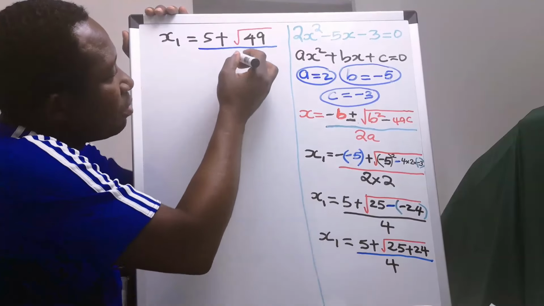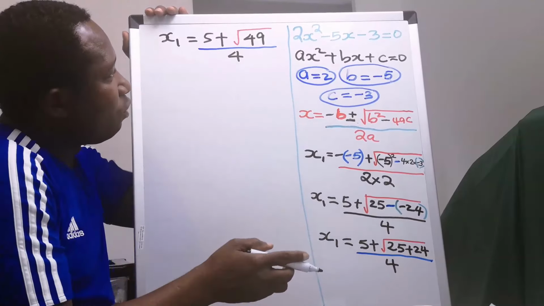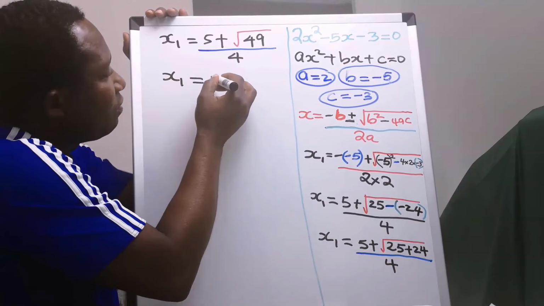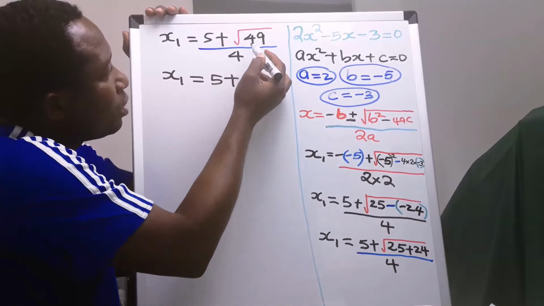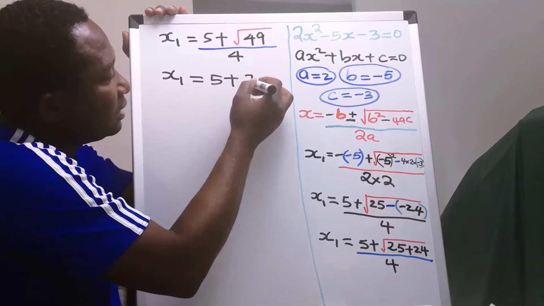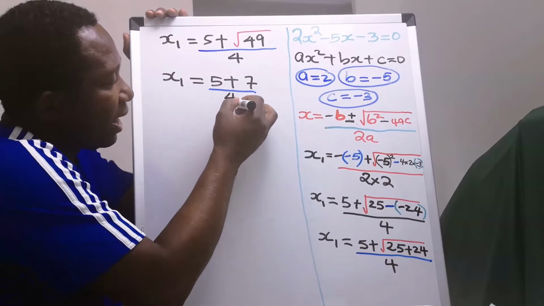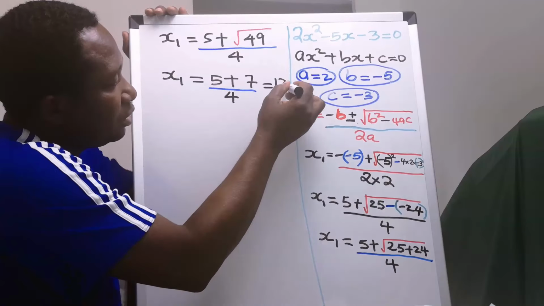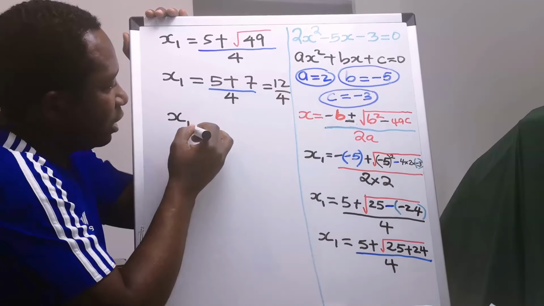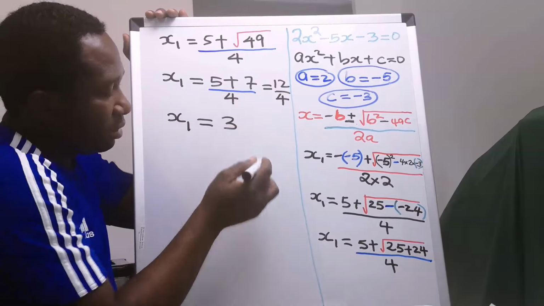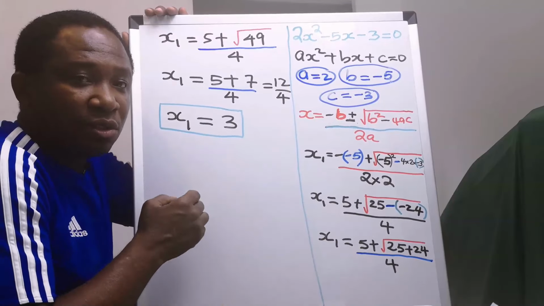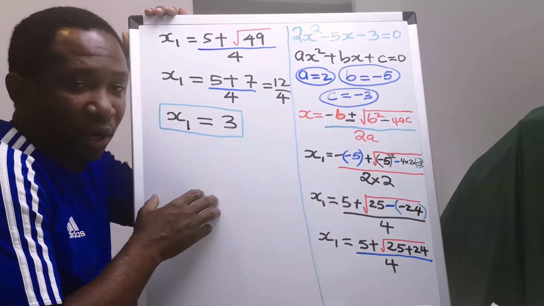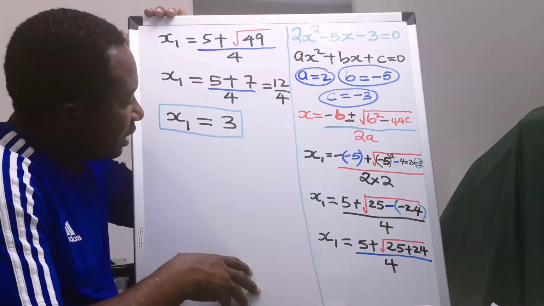At the denominator, we're going to have 4. x1 is now 5 plus the square root of 49, which is 7. Everything divided by 4. And 5 plus 7 is 12 divided by 4. x1 is now 3. And we have gotten one of the roots of the quadratic function, which is x1.